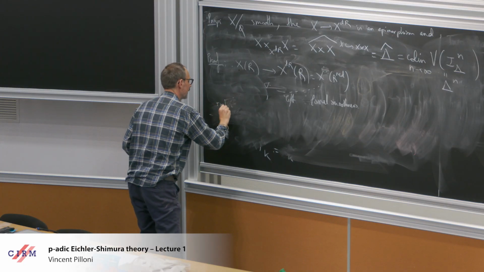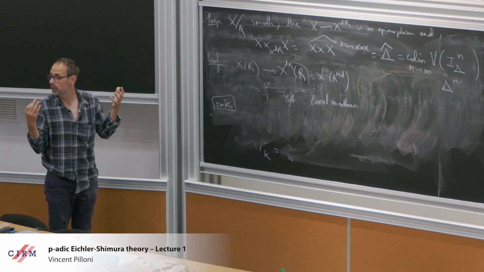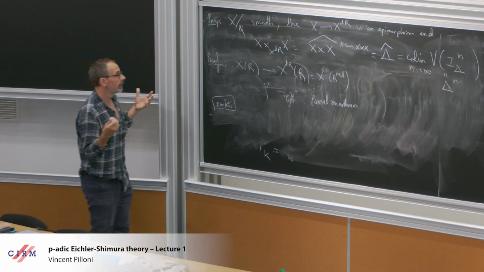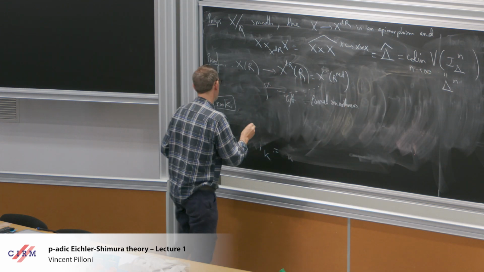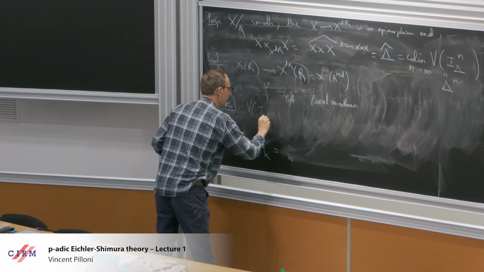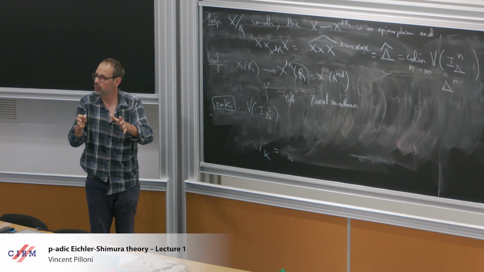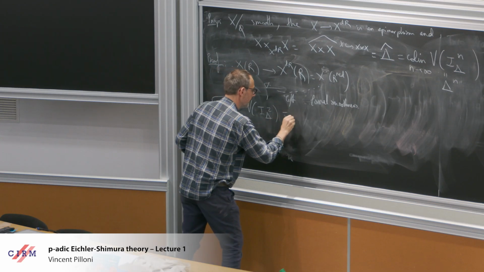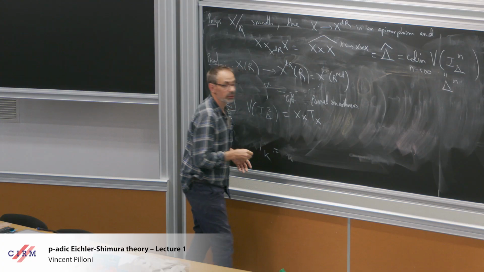Now I want to make some remark, maybe some intuitive way to think about this de Rham stack. So if you see what's this V of I delta square, okay, so I take the second neighborhood of the diagonal in X cross X. Then this is really X cross its tangent space.